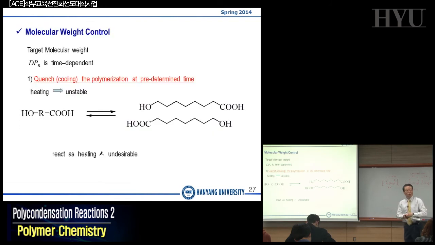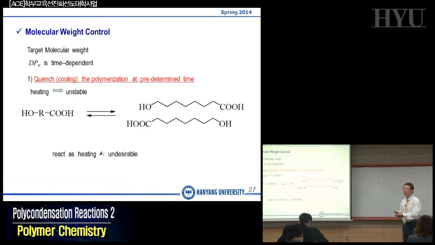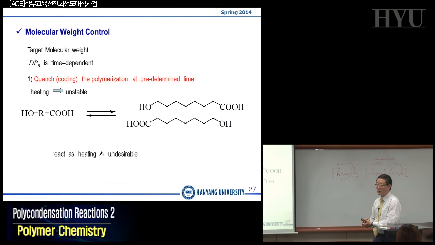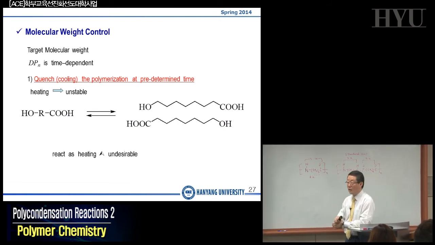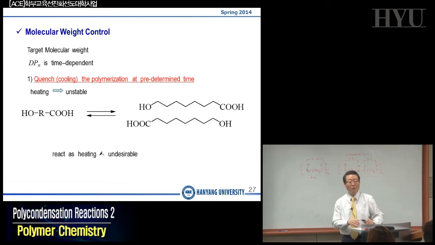Okay, let's go back to the equimolar reaction, or stoichiometry. I will summarize the importance of those two equations after class, in Korean, so that you will better know what I'm going to say. Now, going back to the four requirements of polymerization reactions: we have to have a very highly efficient reaction, and we should not have any side reaction.